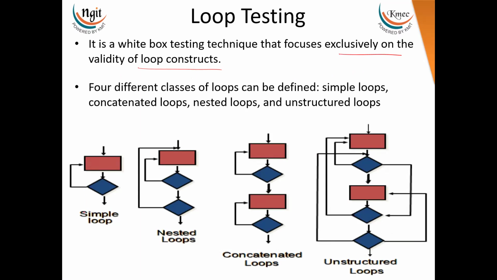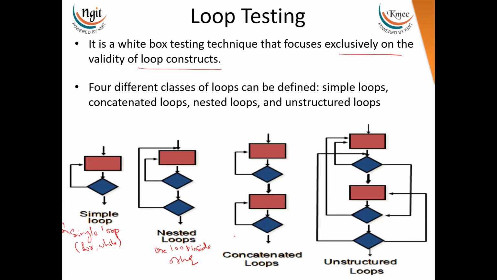So let me mention here: simple loop, that is a single loop. When I say single loop, I mean like for, while, all this. The nested loop is one loop inside the other.